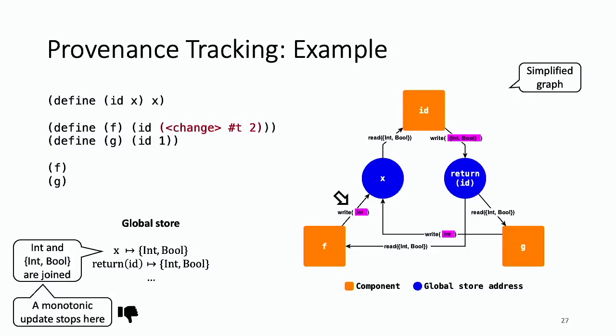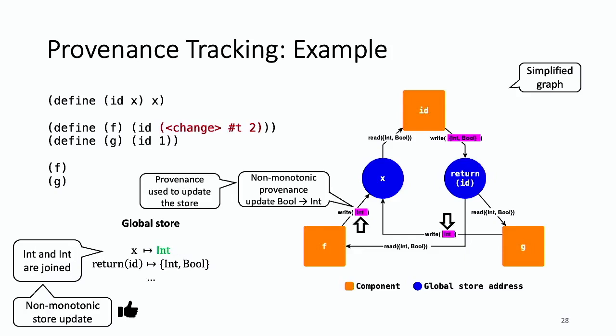And suppose we now update this program so that f no longer calls the identity function with a boolean, but with an integer instead. So what would a monotonic update do? It will just join the value written by f with the value that is already in the store. So you keep int and boolean, and you cannot invalidate this boolean value, which yields imprecision.